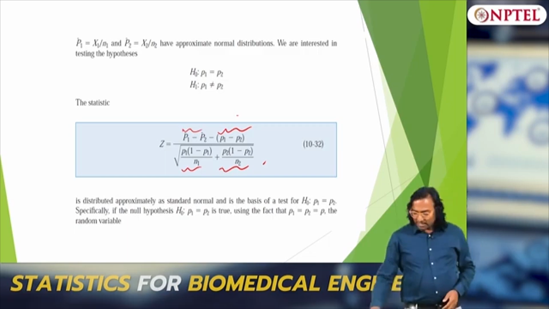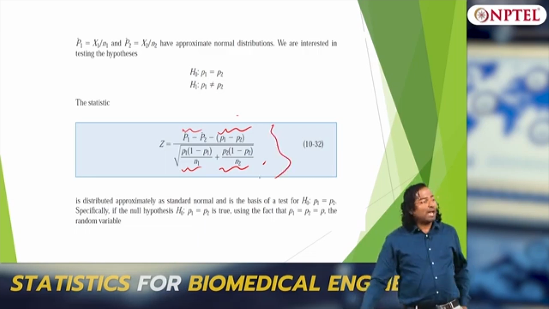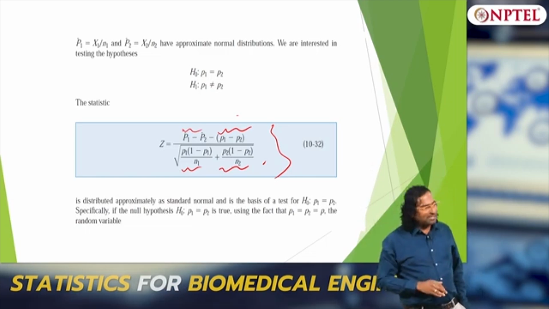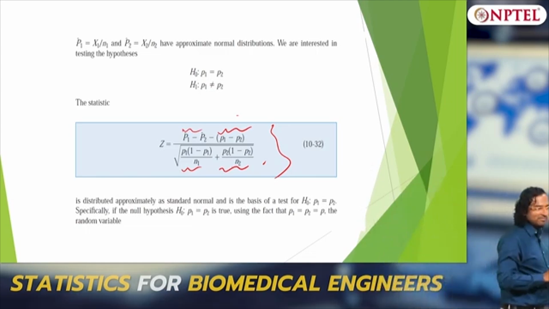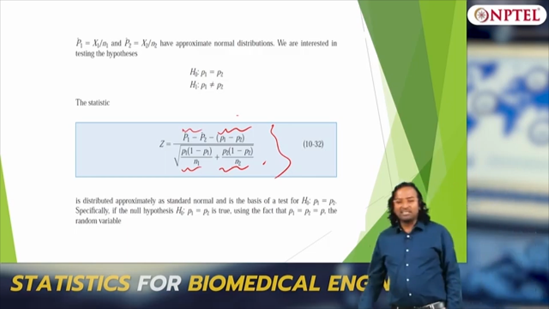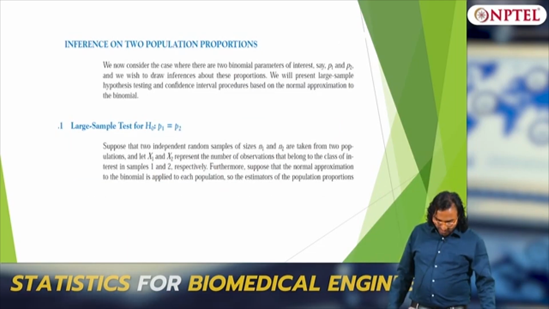Again, this is a Z distribution, so there are no degrees of freedom if the sample size is large. If the sample size is small, only then we will have a problem. This is for large sample size, so there is no question, it is a normal distribution; you do not need to worry about degrees of freedom, okay, for large samples.